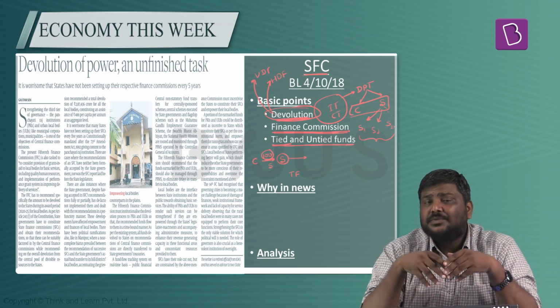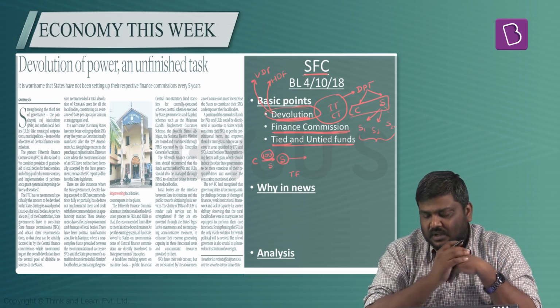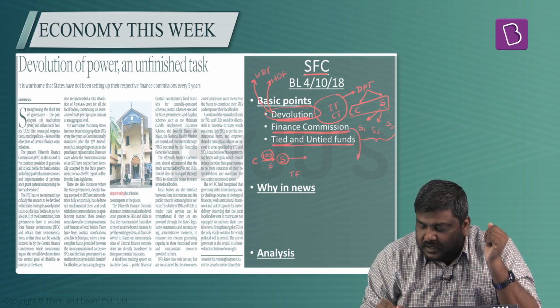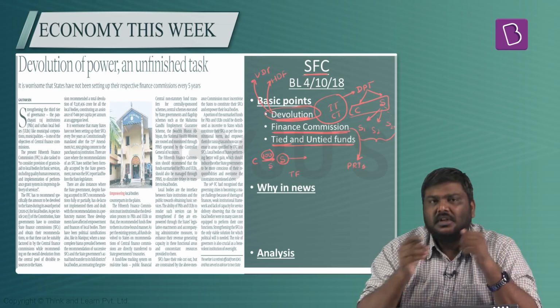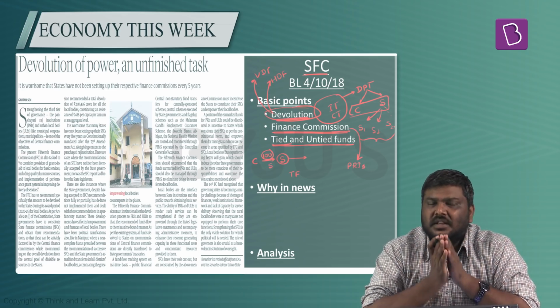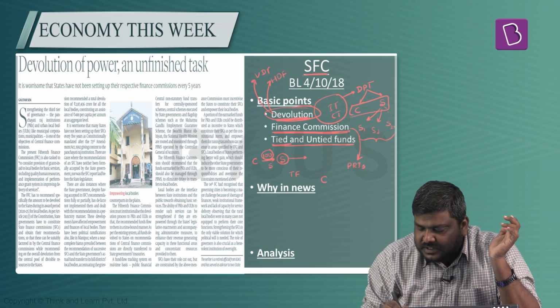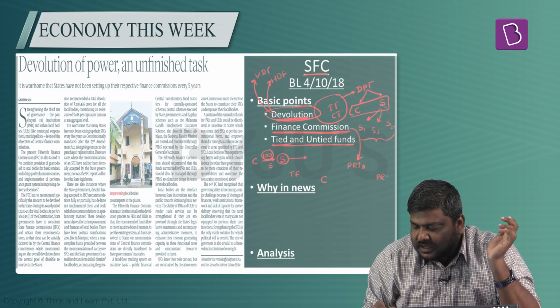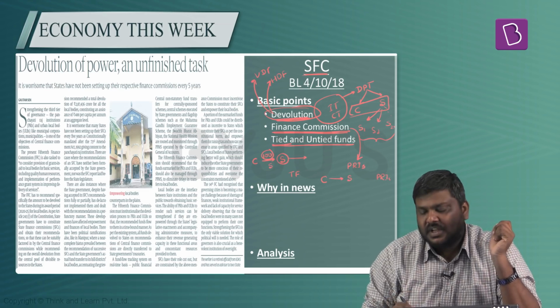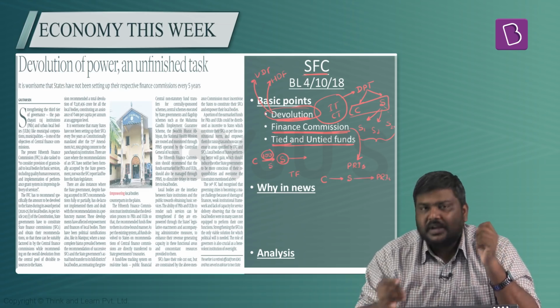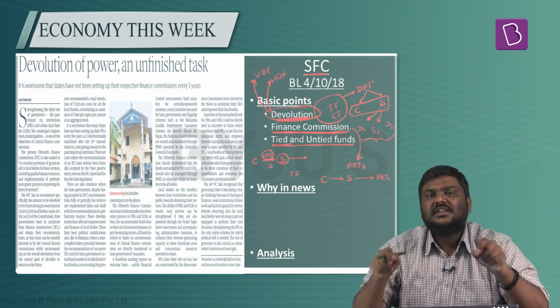But apart from these recommendations for devolution, the Finance Commission will also grant certain funds for Panchayati Raj institutions. But understand this: the funds will not directly go from the central government to the PRIs. What happens is the central government will allocate it to the state treasury and the states will have to allocate it to different panchayats in the state.